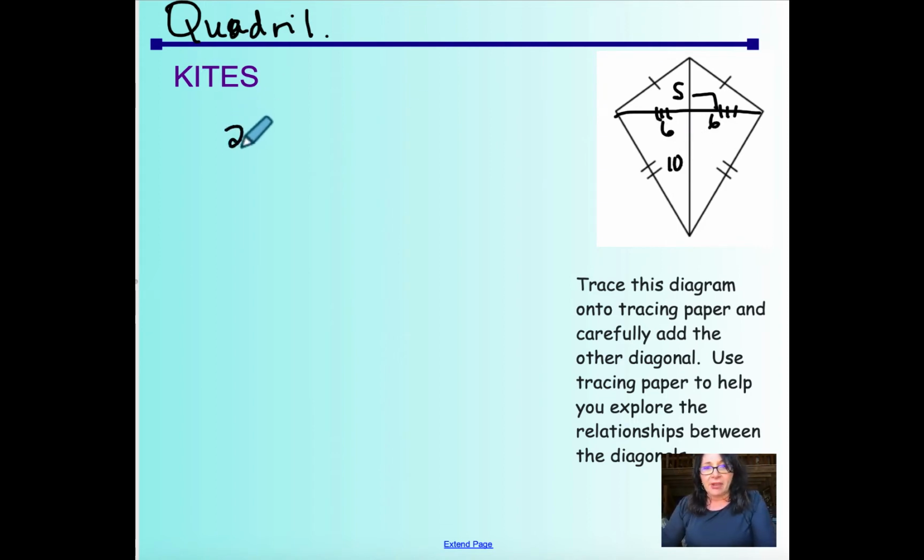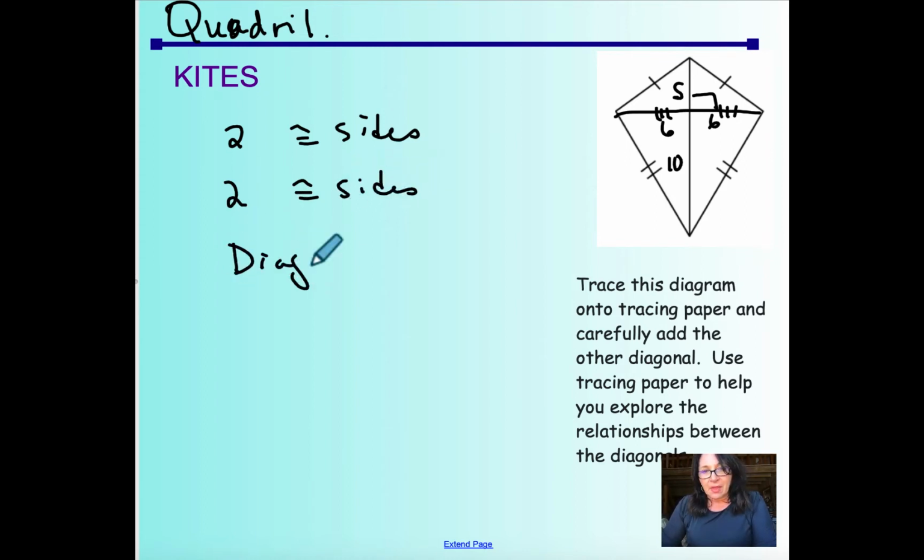So we do have 2 congruent sides on the outside, and then another 2 congruent sides down below. My diagonals are perpendicular. And lastly, for a kite, it does not have 4 congruent sides, and that's it.